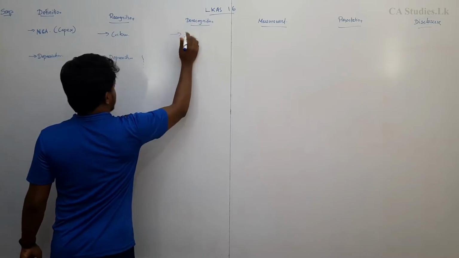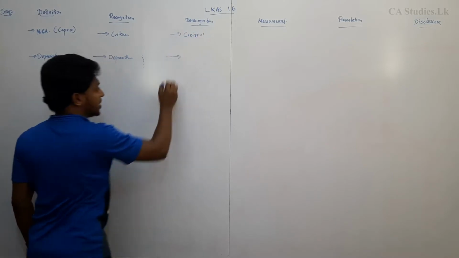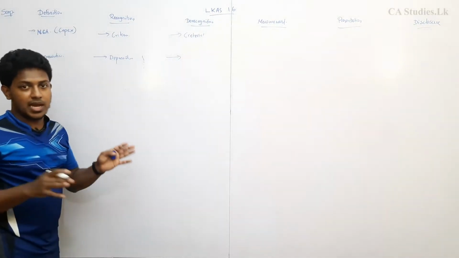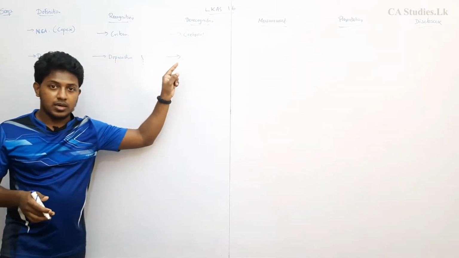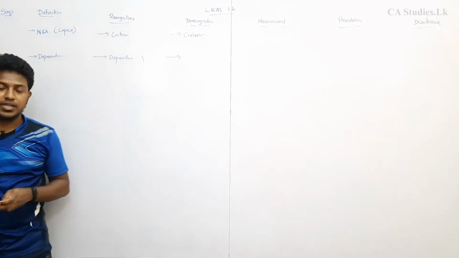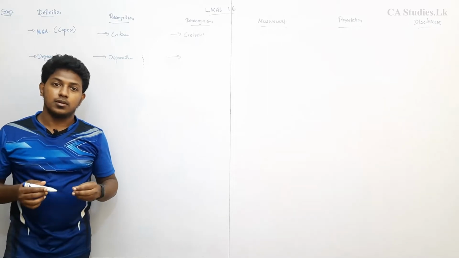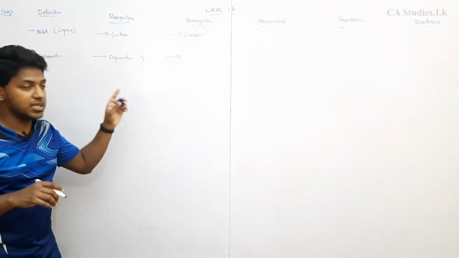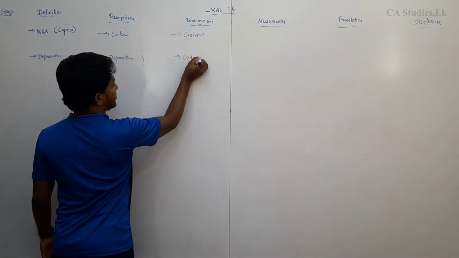What is the criteria and what is the situation? For depreciation also, from which point we should not charge the depreciation. Charging the depreciation means recognition; when we stop charging the depreciation in the financial statement, that is derecognition. So what is the criteria and situation?